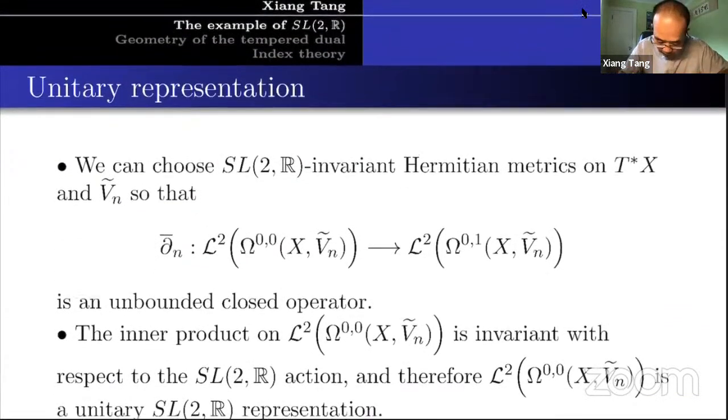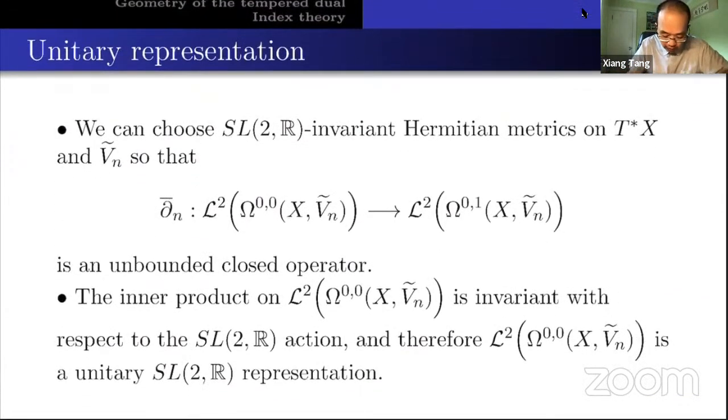Now, with this L2 structure we have on the space of sections, we know that this Hilbert space structure is preserved by our SL2 action. This is from my assumption that our metric is chosen to be SL2 invariant. We can choose it because our action of SL2 on X is a proper action, so we can choose such an invariant metric and invariant connection.